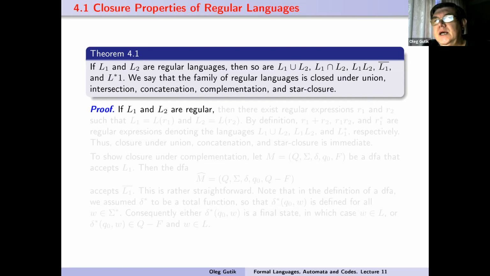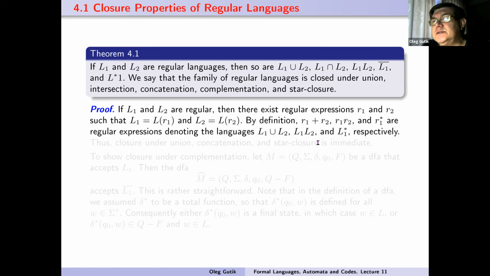Proof. If L1 and L2 are regular languages, then there exist regular expressions R1 and R2, so that L1 is recognized by the expression R1, and similarly we have for L2 the expression R2.